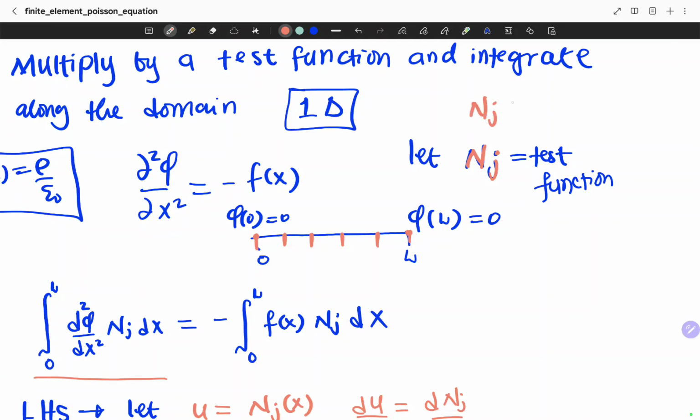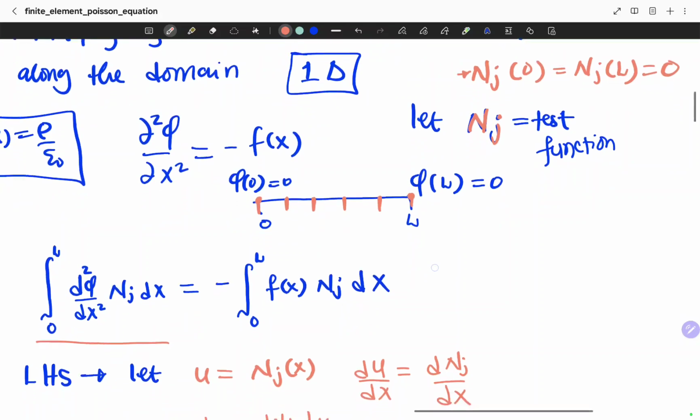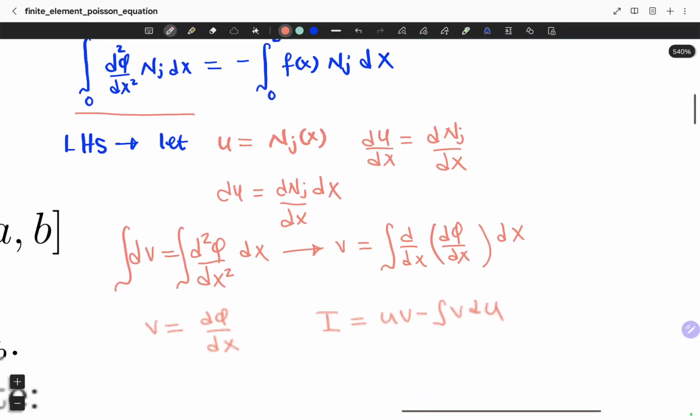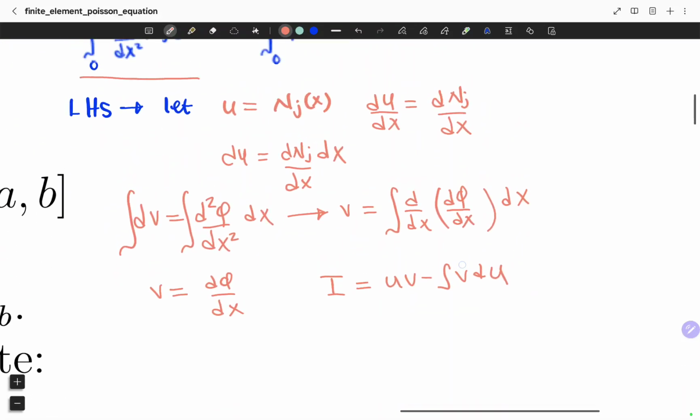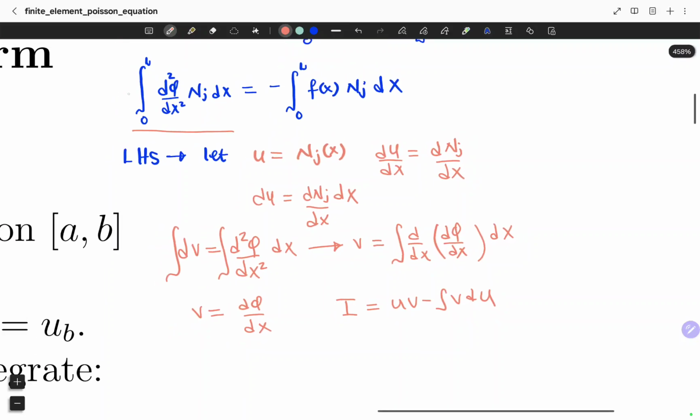Nj of 0 and nj of L should also be 0, because it's a test function, so it has to vanish at the points where the potential vanishes.